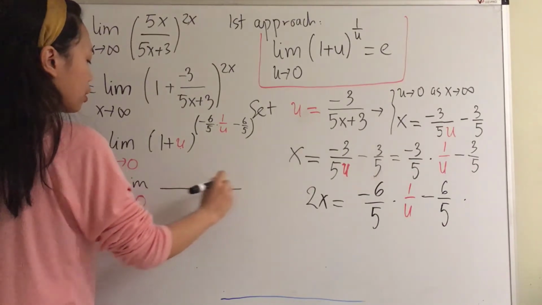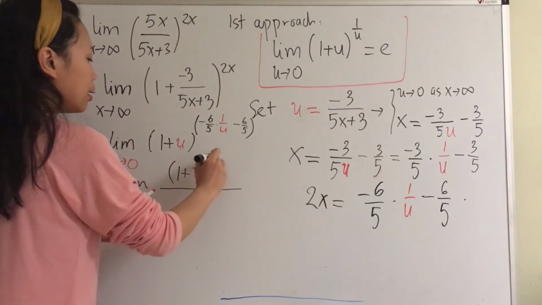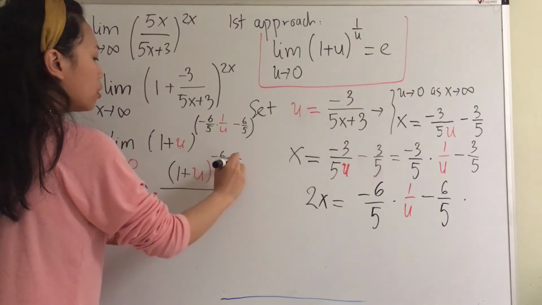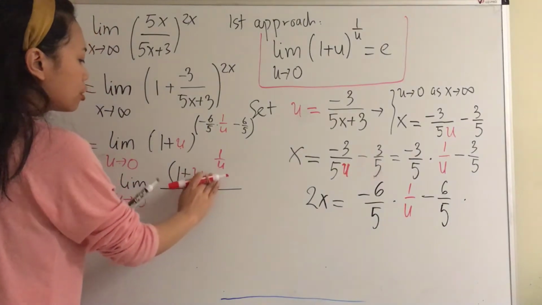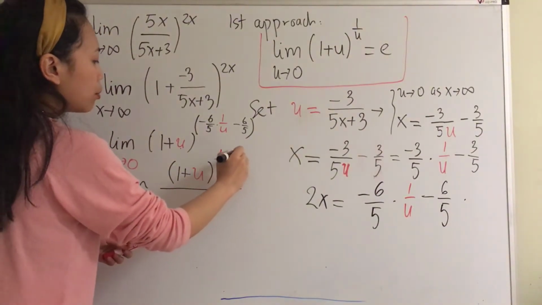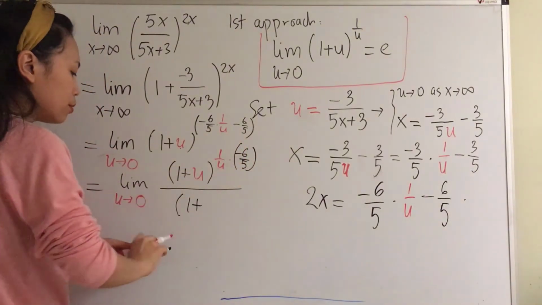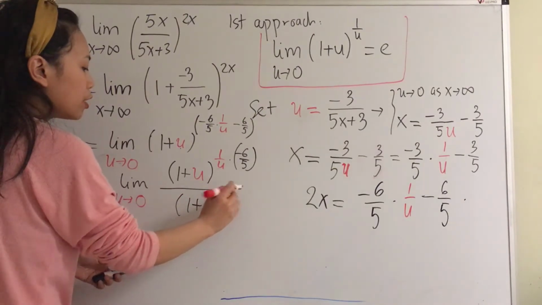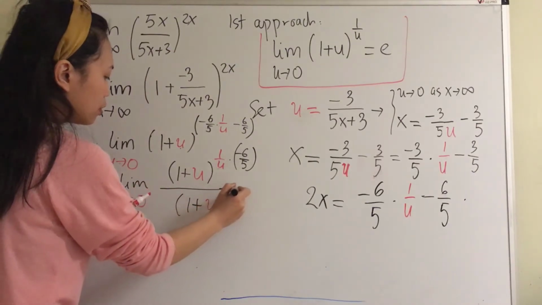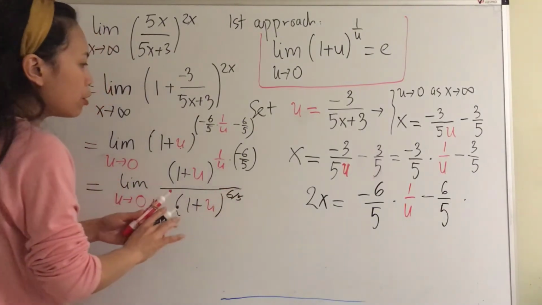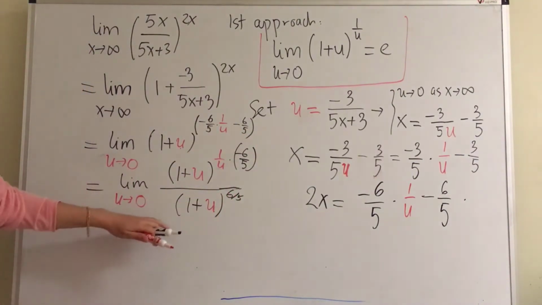And here I'm going to use a quotient: 1 plus u to the 1 over u, times negative 6/5, and minus 6/5 here I have 1 plus u to the 6/5, right? Remember, with the negative exponent, when you flip to the denominator, you change the sign. You see that? So this is what we have.